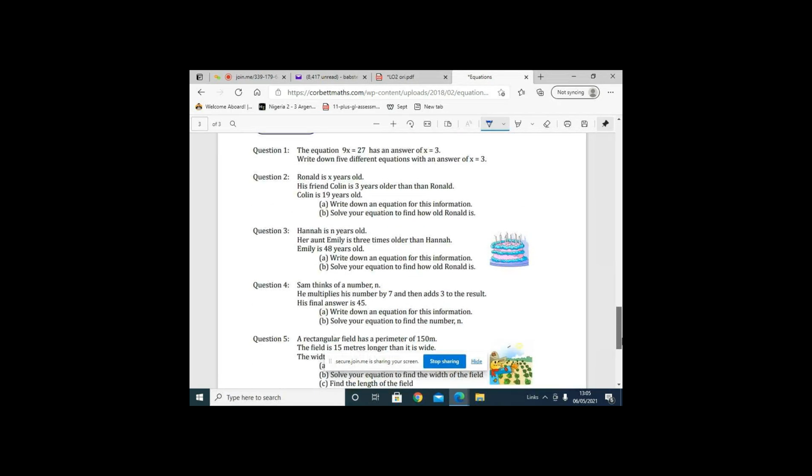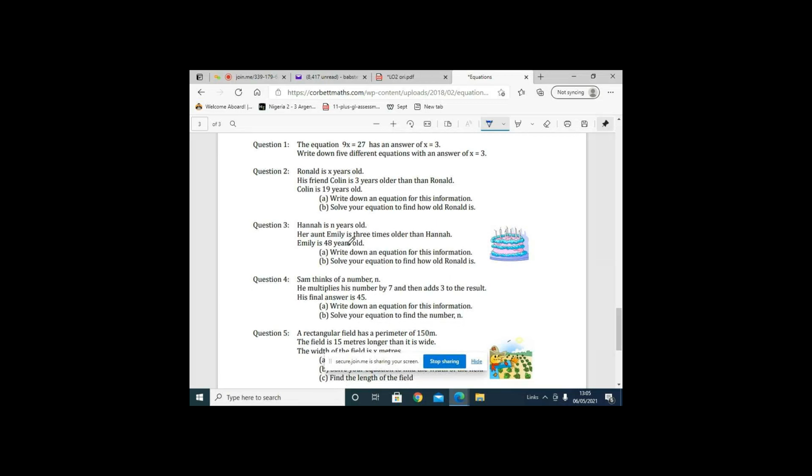work. Okay. So this is the final one now. Sometimes they can write this thing in words, and they ask you to form an equation with it. Roland is X years old. His friend Colin is 3 years older than Roland. When you say 3 years older, that means Roland is X years old, so Colin is what? 3 years older than Roland.